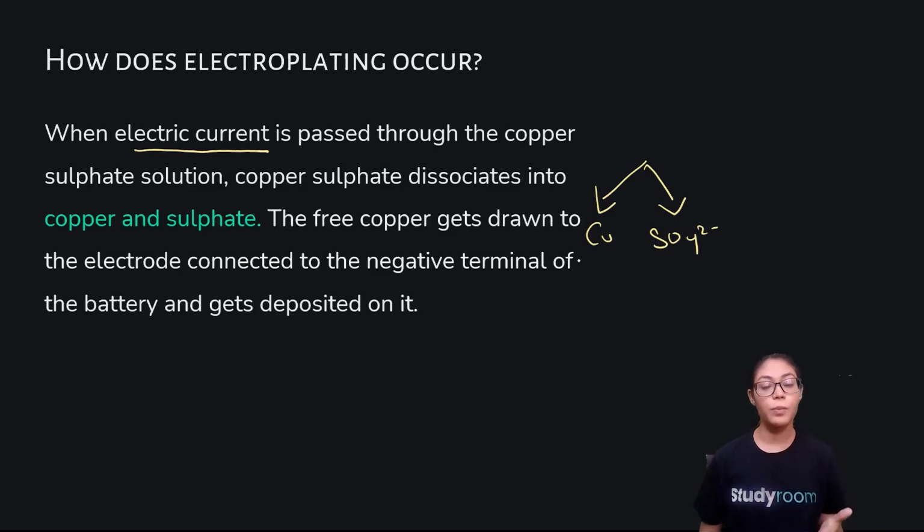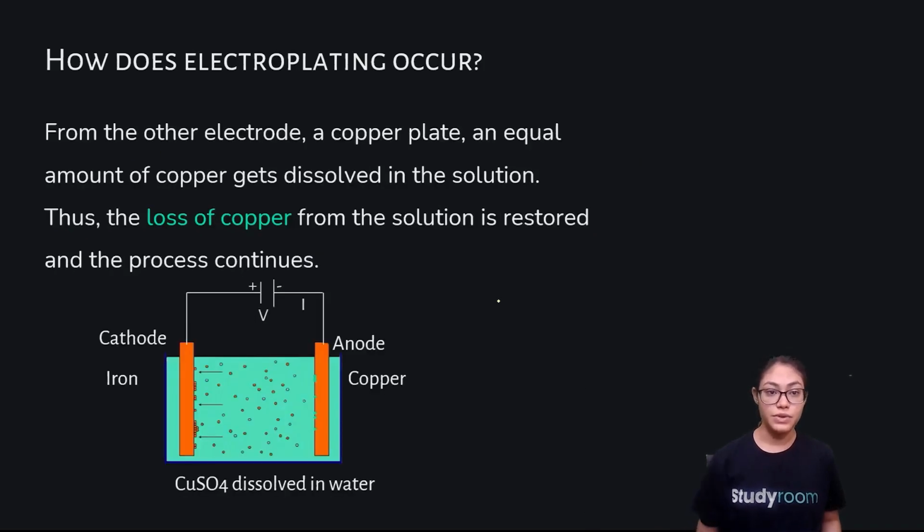So the free copper gets drawn to the electrode connected to the negative terminal of the battery and gets deposited on it. From the other electrode, a copper plate, an equal amount of copper gets dissolved in the solution. Thus, the loss of copper from the solution is restored and the process continues.